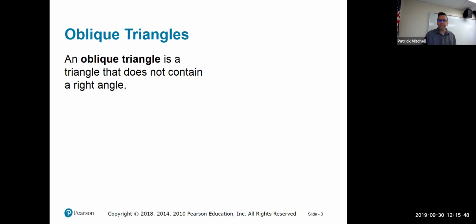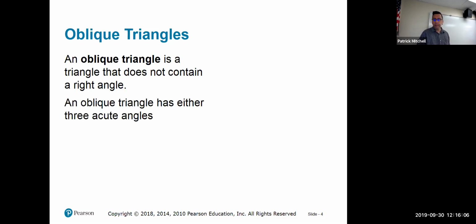All right, so what 6.1 and 6.2 have in common is that we are going to use them to solve oblique triangles. So far, the only kinds of triangles we know how to solve are right triangles. So oblique triangles do not contain any right angles.